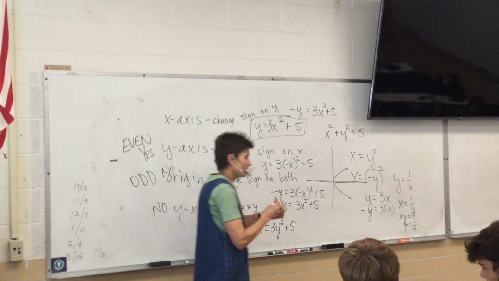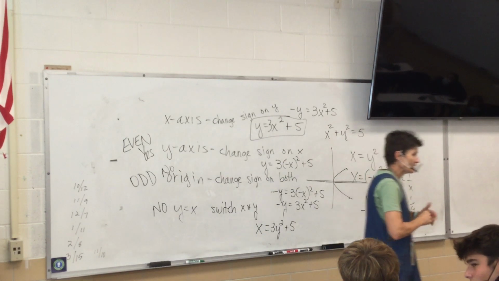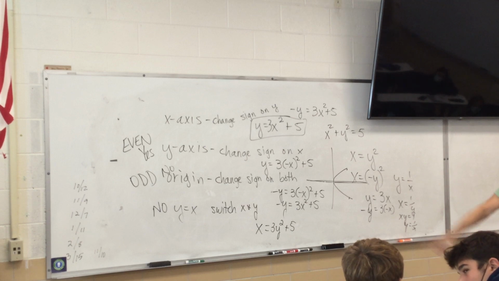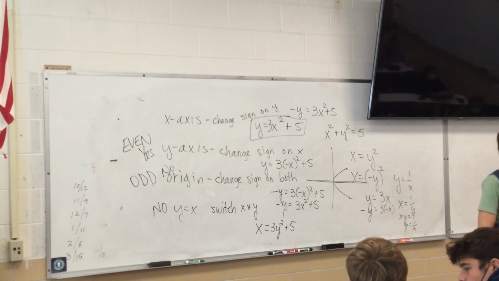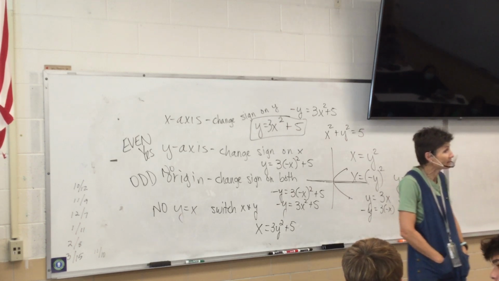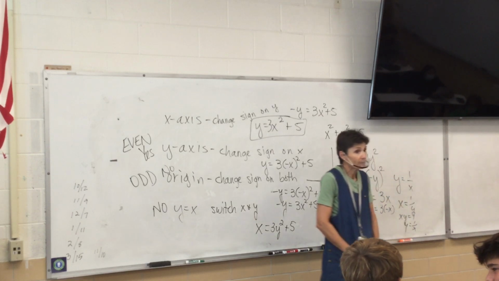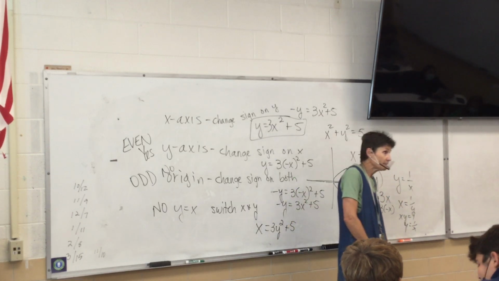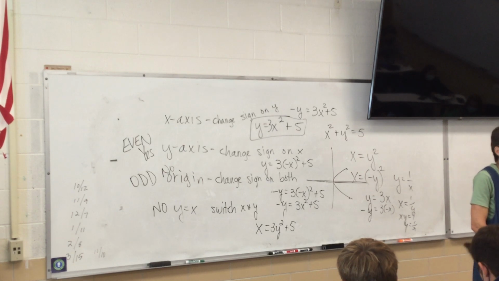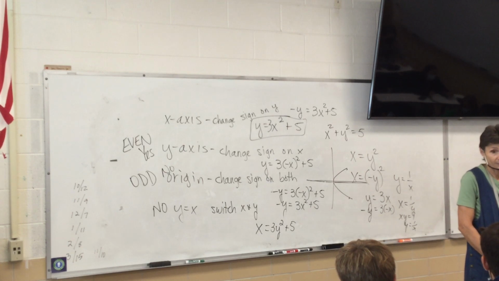Okay, so sometime I'm going to say to you, prove this function is odd. What are you going to do to prove that it's odd? You're going to do a test of symmetry about the origin, and you'll do that by changing the sign on both x and y, right? If I want to know if it's even, you'll do a test of symmetry about the y-axis, which means you'll change the sign on x.